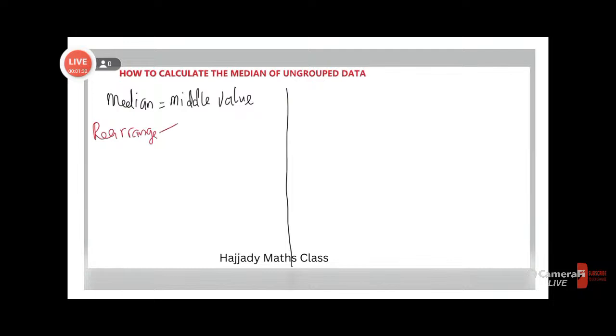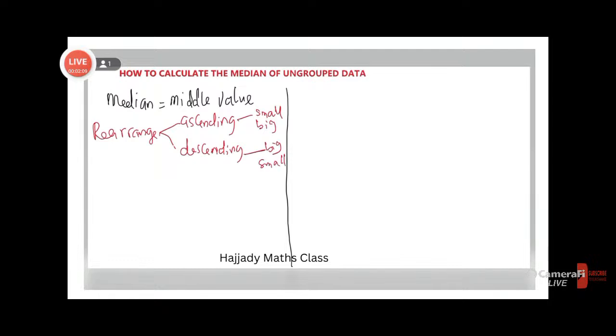It can either be in ascending order, or in descending order. When we talk about ascending order, this is arranging numbers from the smallest to the biggest value. And in descending, it's just the other way around. This is from the biggest value to the smallest value. So I'm going to give you an example to illustrate this.